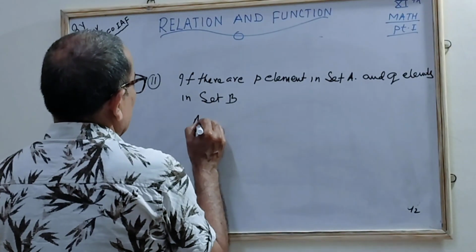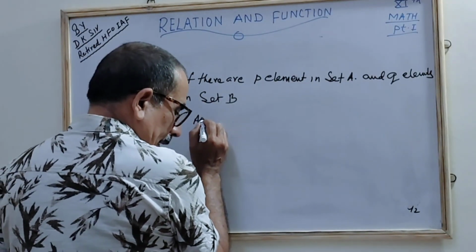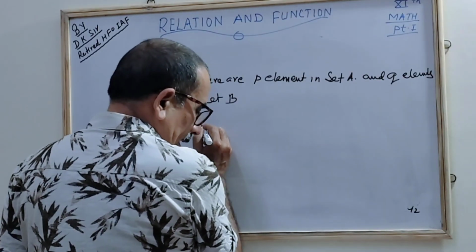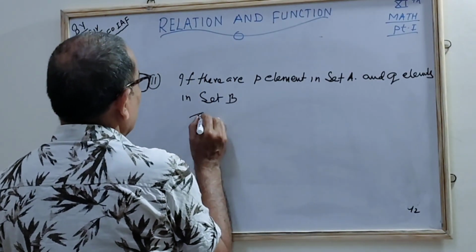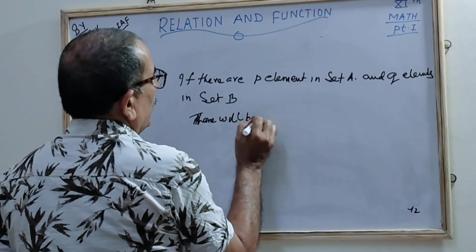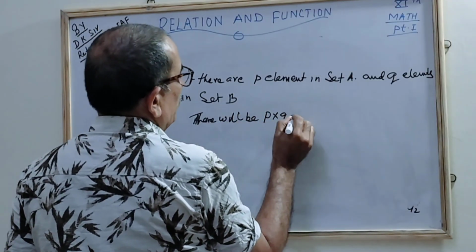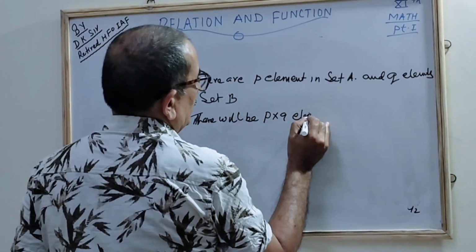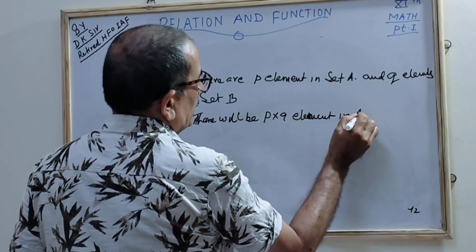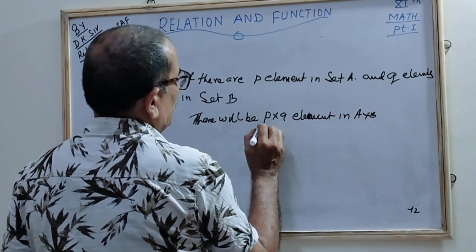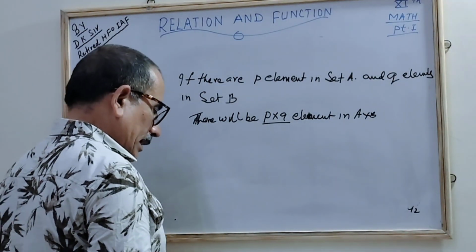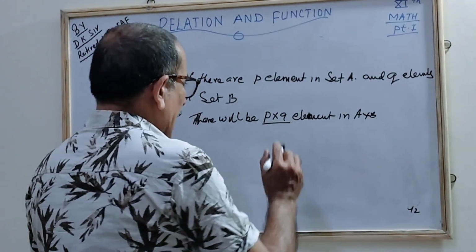So in A into B, how many elements will there be? There will be P into Q elements in the Cartesian product A into B. This much, P into Q elements, will be there. That we have already seen. And how can that be denoted?